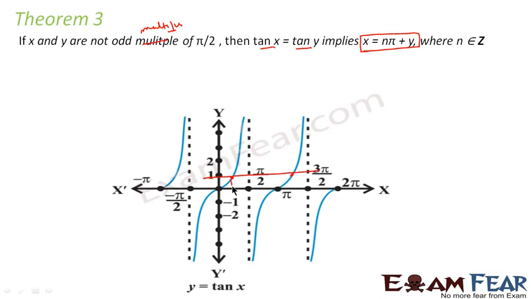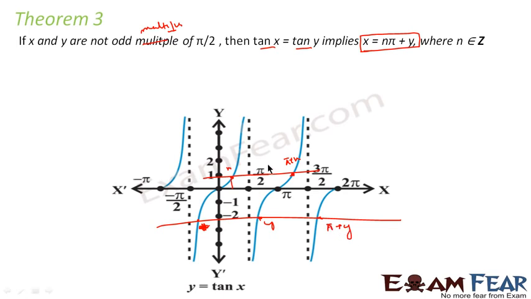So if this is x, this is pi, so this is pi plus x. We can take somewhere here also, let's suppose this is y, we draw a horizontal line. If we take this y, this becomes pi plus y.